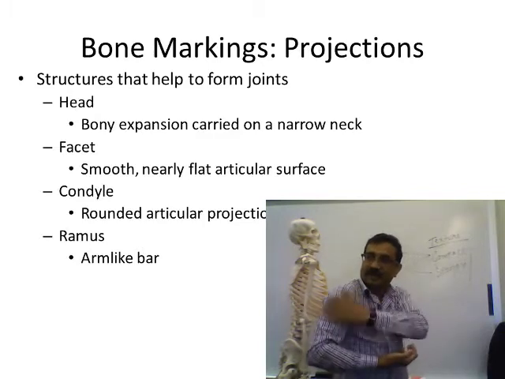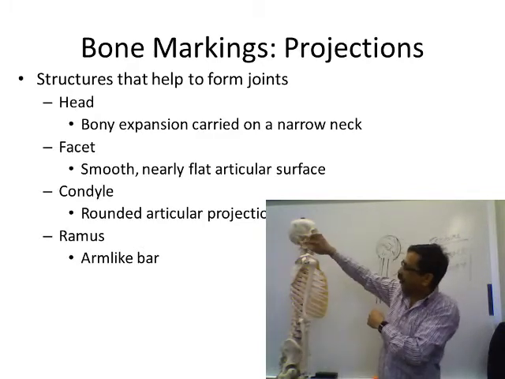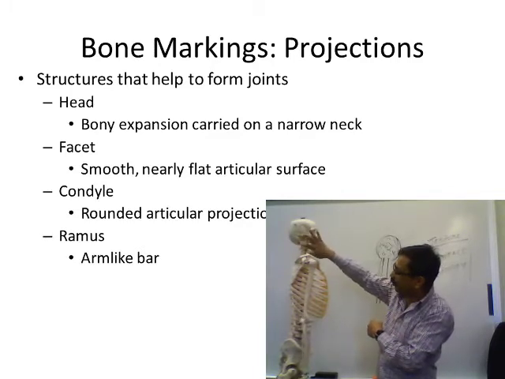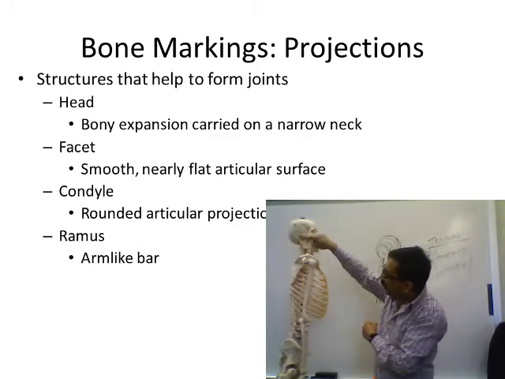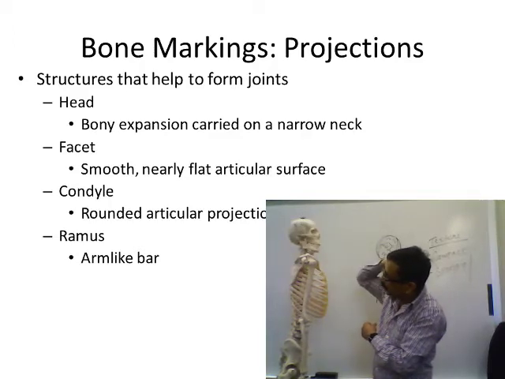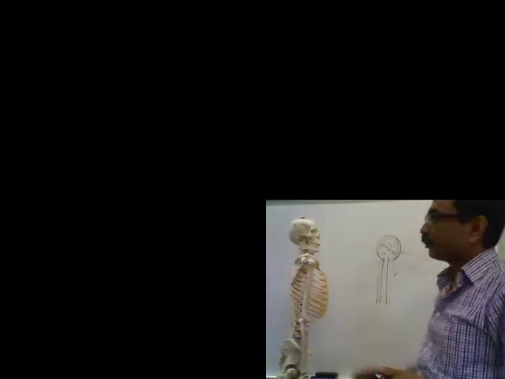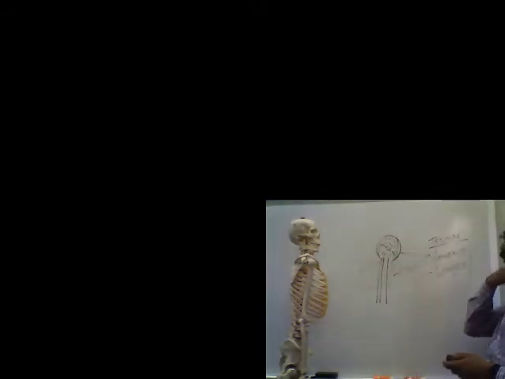So this arm-like part is called the ramus. This is the ramus of the mandible. Now the upper end of the ramus forms the joint, the temporomandibular joint, TMJ. So the upper part of the ramus forms the joint. Those are the structures that usually form the joints.